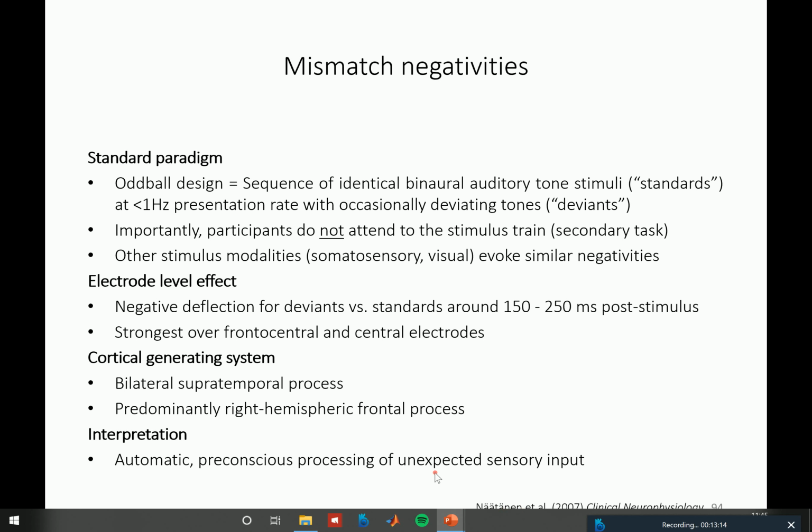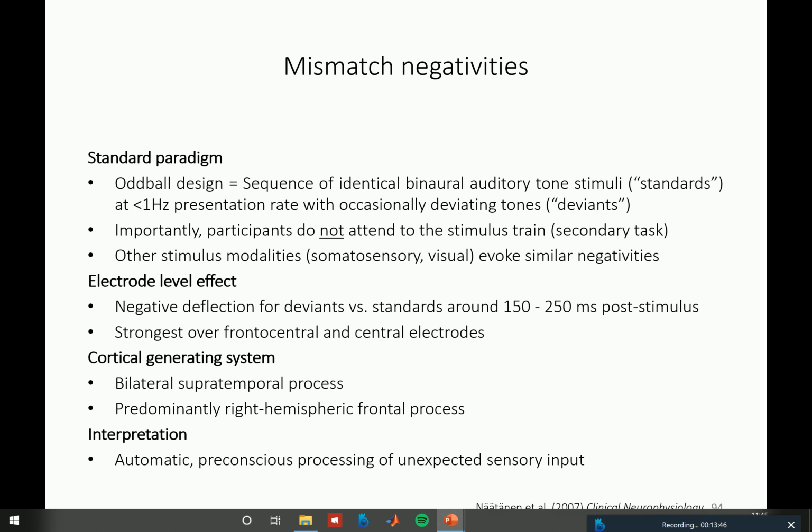mismatch negativities relate to the automatic and pre-conscious processing of unexpected sensory input. This is emphasized by, or related to, the fact that people don't attend to the stimuli, so they couldn't really tell you much about them, and that it's also happening quite early, where the idea is that we are not really aware of that.